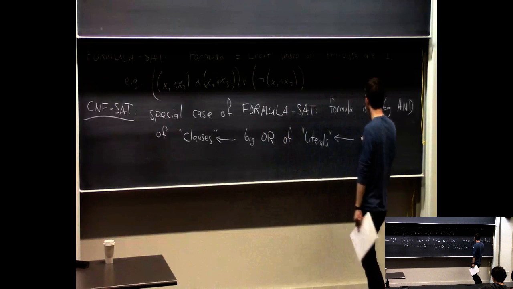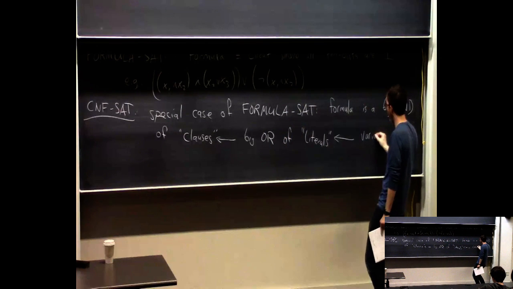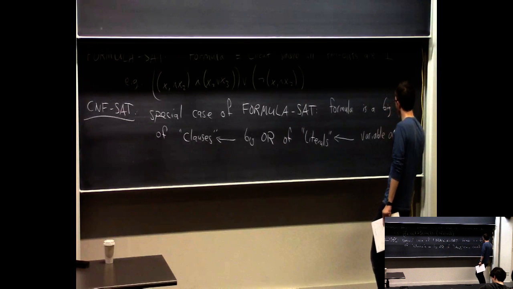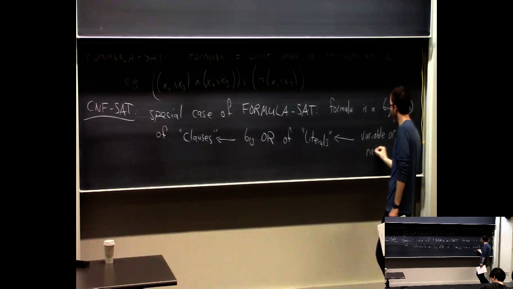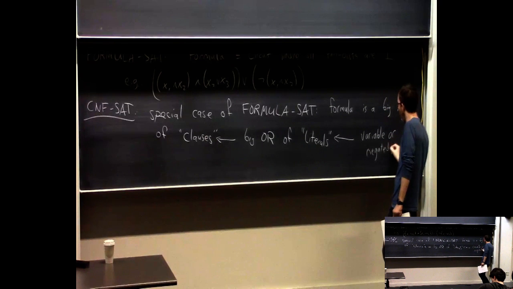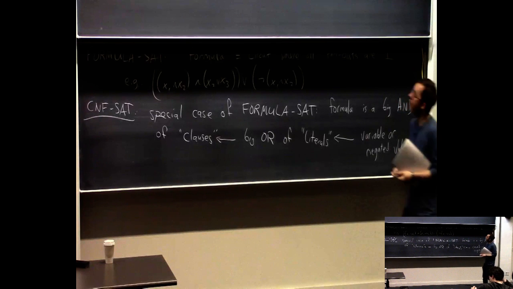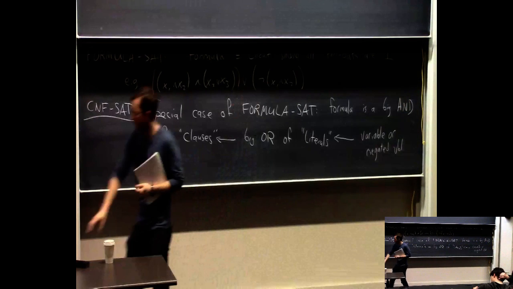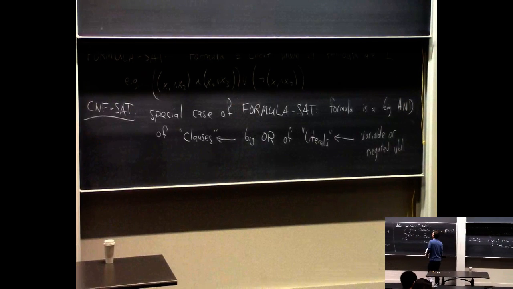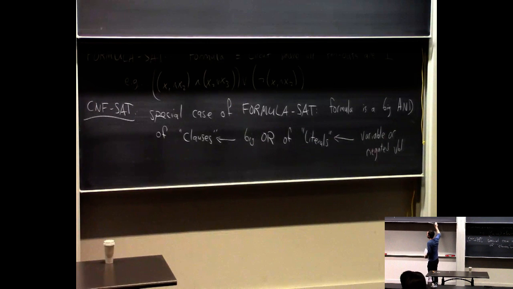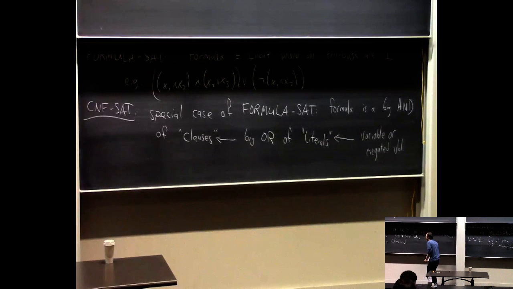What's a literal? It's a variable or a negation of the variable. OK, so a CNF is a special kind of formula. It looks like a big AND of clauses, which themselves are ORs.